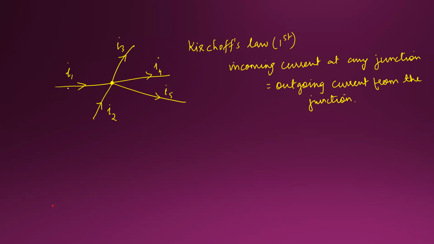So what is the incoming current? I1 and I2 is the incoming current at this junction. So I1 plus I2 will be equal to the outgoing current, that is I3 plus I4 plus I5.